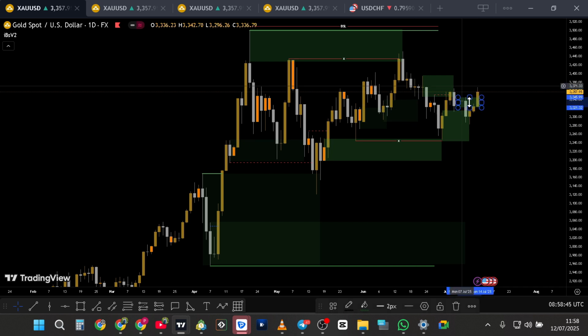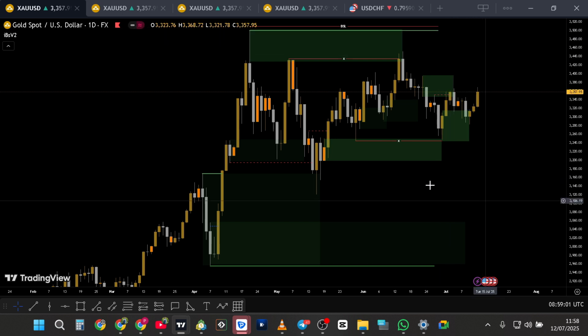So for now, they're still going up, and maybe they could be using this one to just build more buy side liquidity to the upside, and also possibly causing the break of structure to the upside of that high. So that's just the daily.